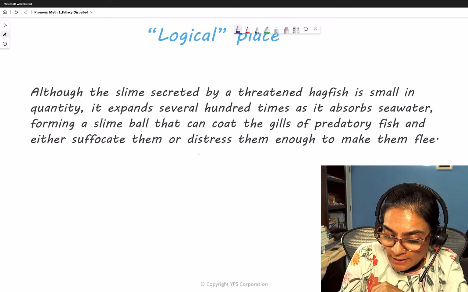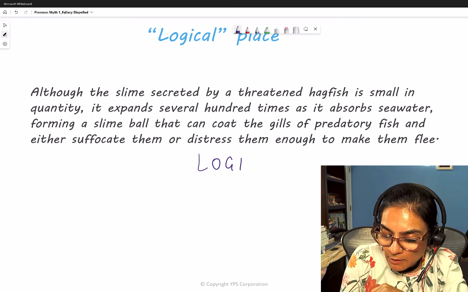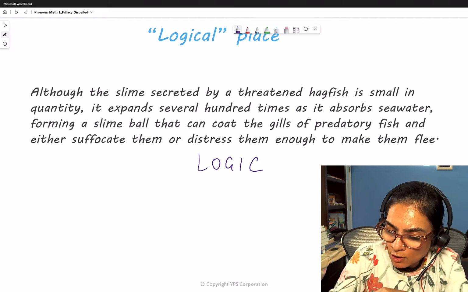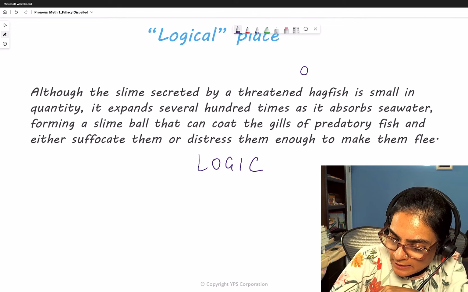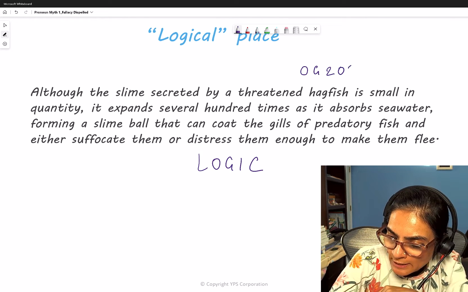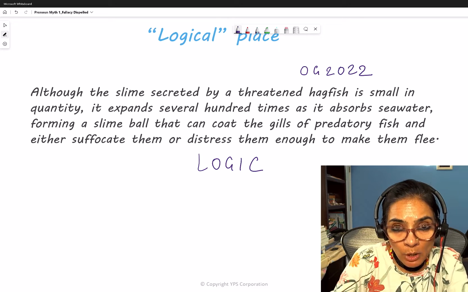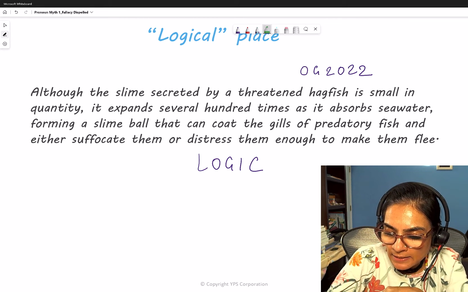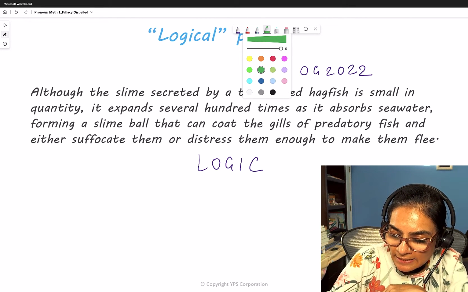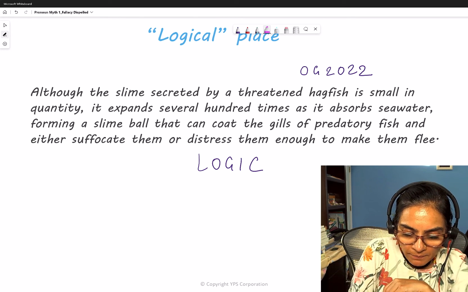The logic defines the pronoun reference. And here on your screen, I have a sentence from OG 2022. You can pause the video, read the sentence. You will see that this sentence also has two pronouns.